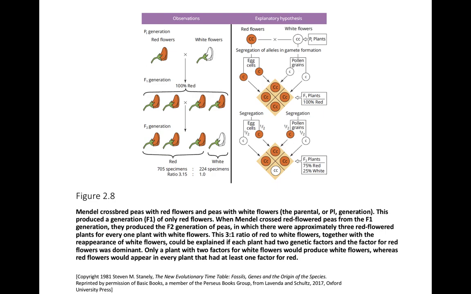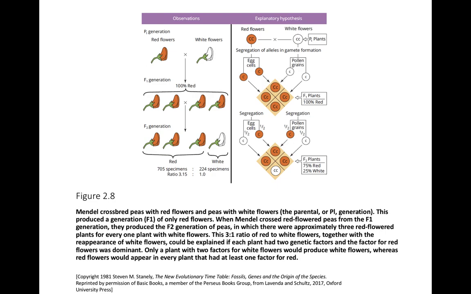So you've got 1 offspring who is big C, big C, a pure homozygote for red flowers. 2 offspring who are big C, little c, heterozygotes for red flowers. And 1 offspring that's little c, little c, a homozygote for white flowers. He went on and crossed, comparing multiple traits at a time, and found that even looking at 2 traits at once, you got these same kinds of ratios.